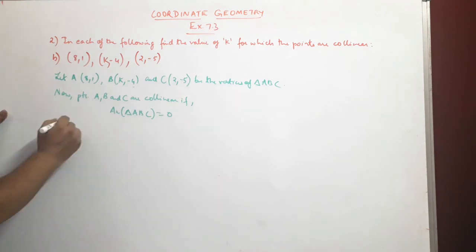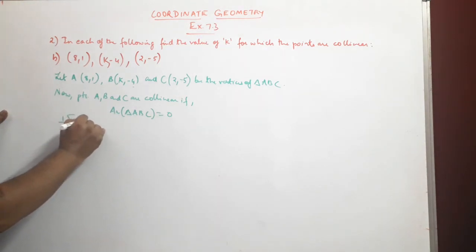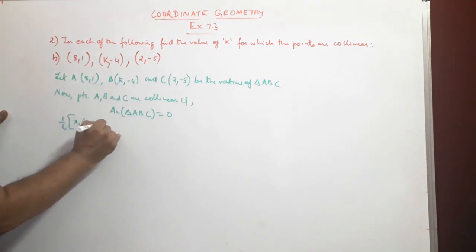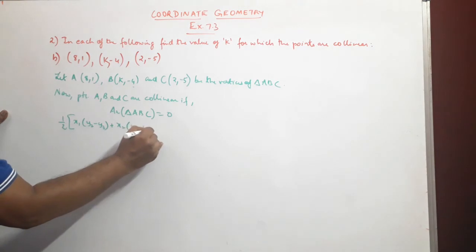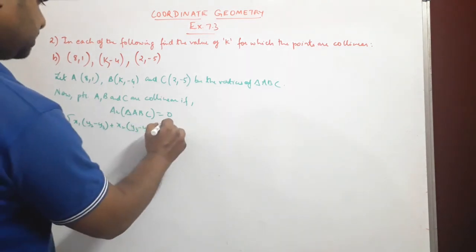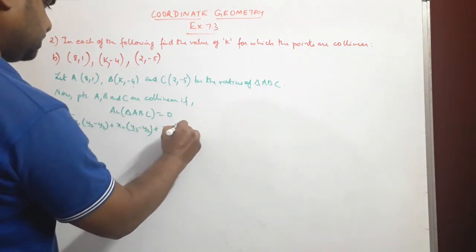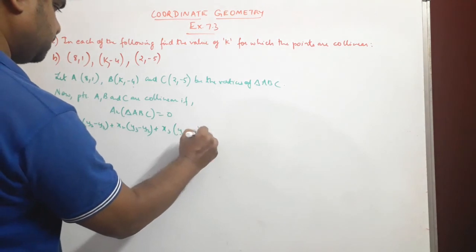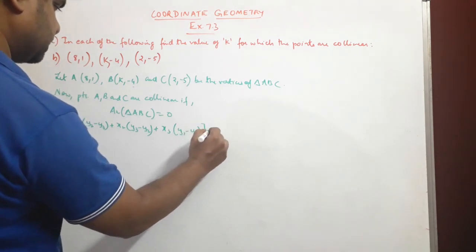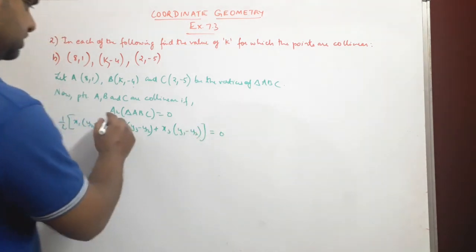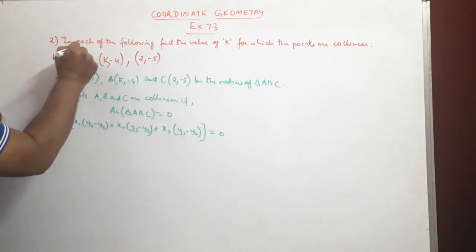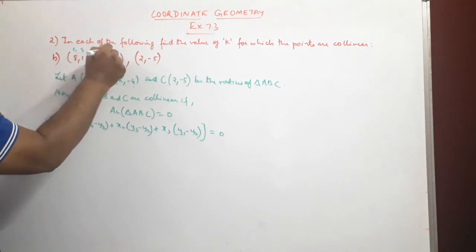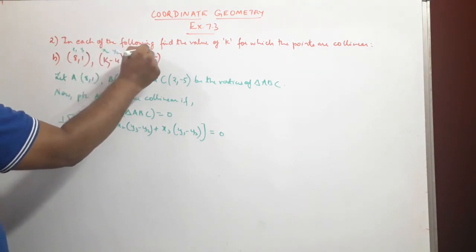And area of triangle ABC is given by half into x1 into y2 minus y3 plus x2 into y3 minus y1 plus x3 into y1 minus y2, whole thing in brackets, and this will be equal to 0 since area of triangle is given equal to 0. This is your x1 y1, x2 y2, x3 y3.